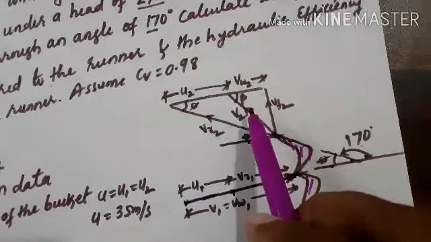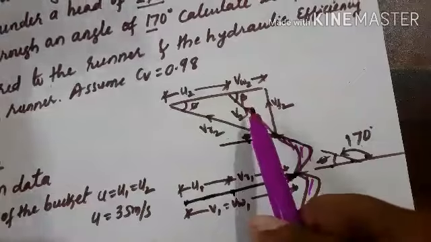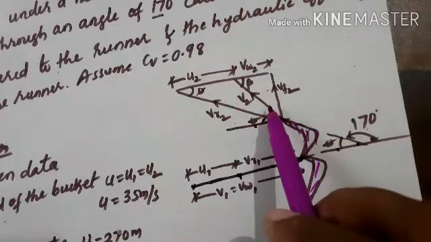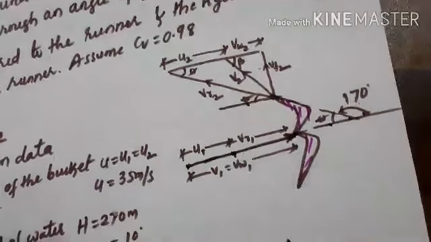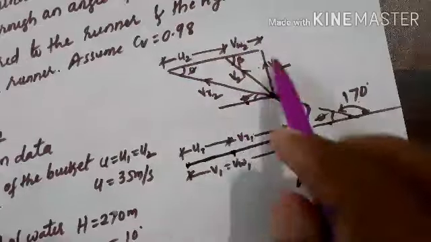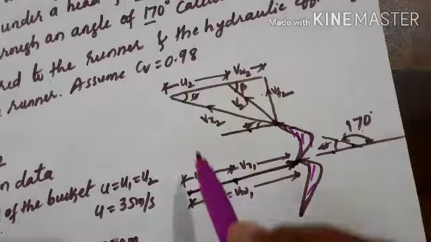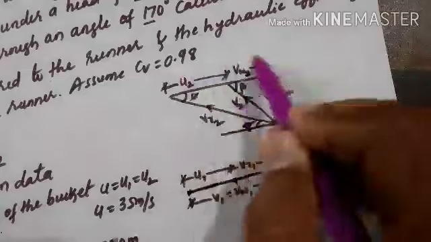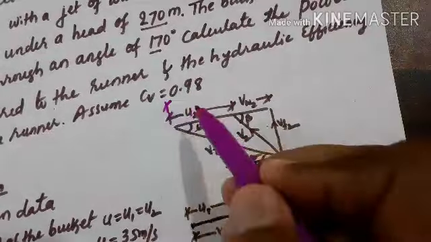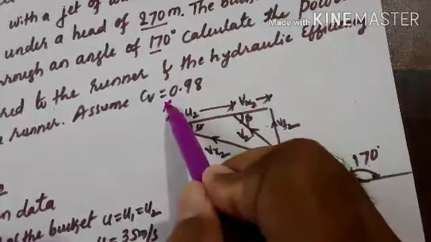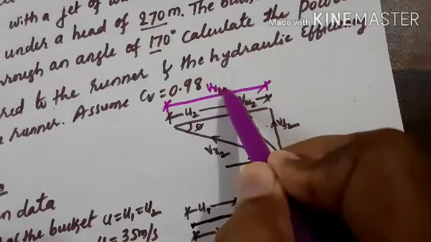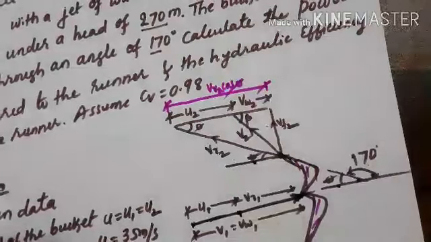And you remember, based on the value of beta, this outlet velocity triangle will depend. Okay, so since in this case beta is assumed to be less than 90 degree, they are acute, this is the outlet velocity triangle. And also one more component, that is the component of Vr2 in the horizontal direction. So this will be the component of Vr2, this one. This will be Vr2 cos phi.